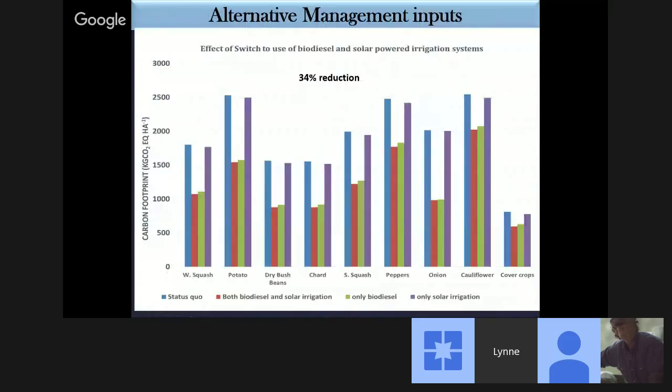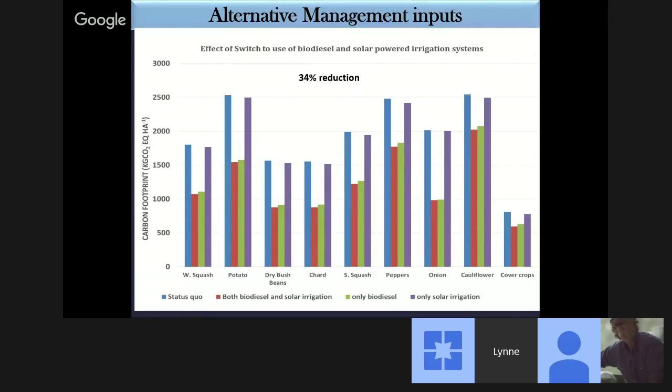So once some of those hotspots were identified, then we can start asking questions about what the alternatives are. And we don't have significant capacity in the tool right now to look at alternatives, because there are a lot of alternatives, but we do have a couple of different power sources available.